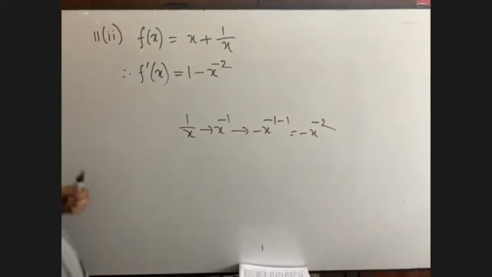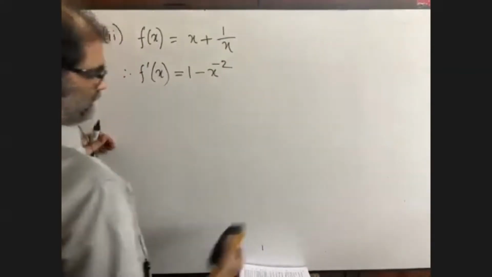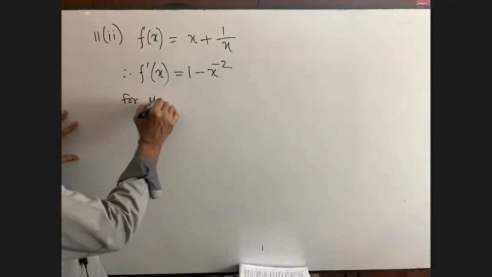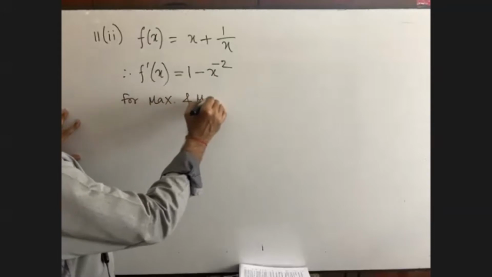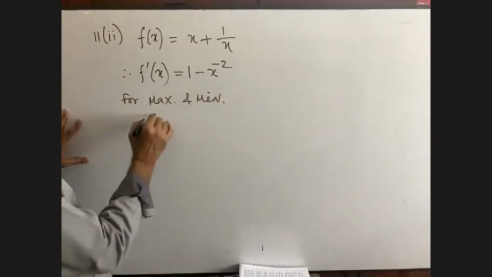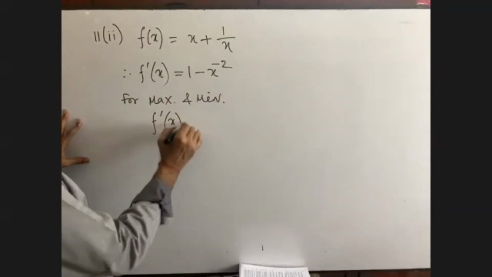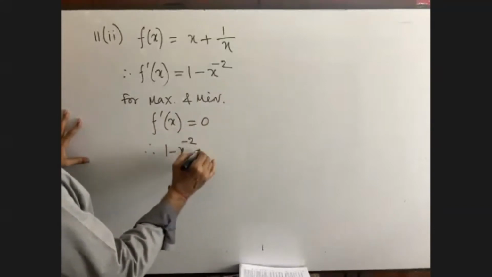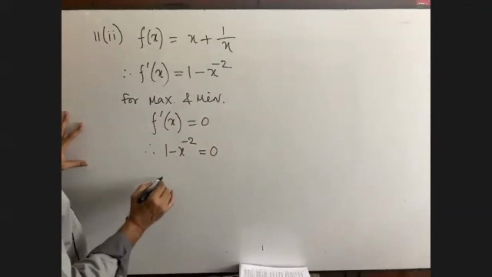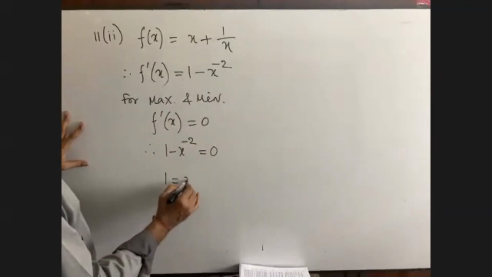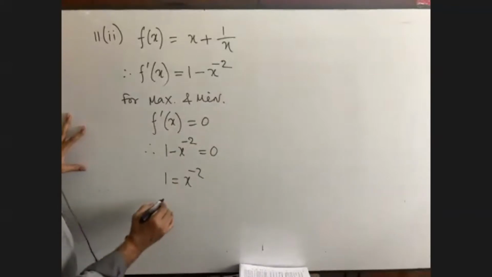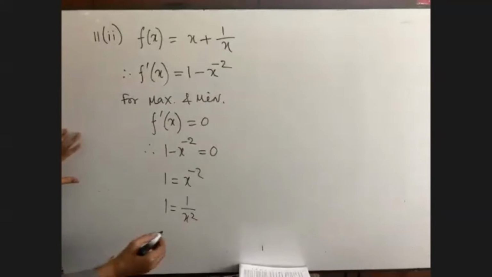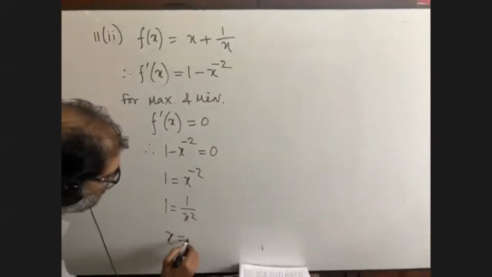So for maximum and minimum, write down, we get f prime x equals to 0. Therefore, 1 minus x to the power minus 2 equals to 0. That is 1 equal to x to the power minus 2, 1 equals to 1 by x square. So we are getting x equals to plus minus 1.